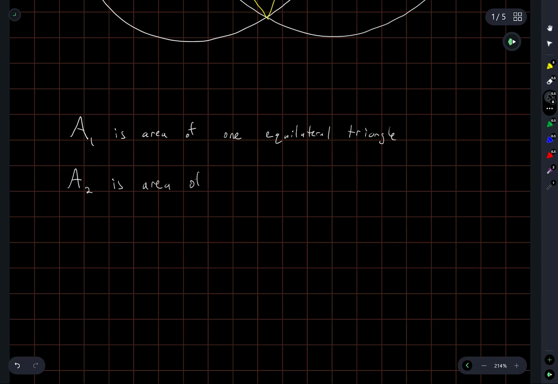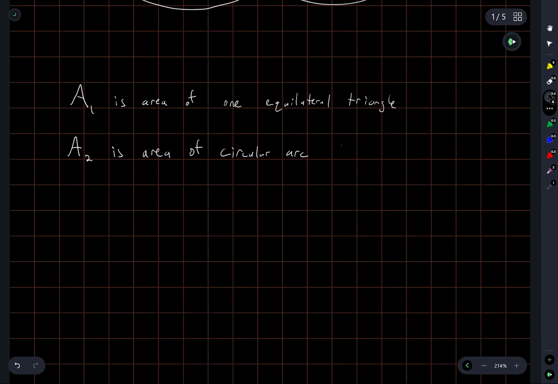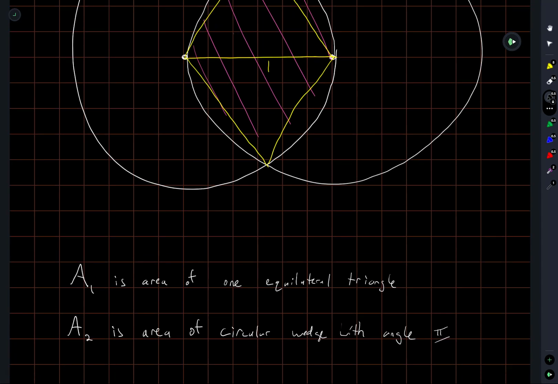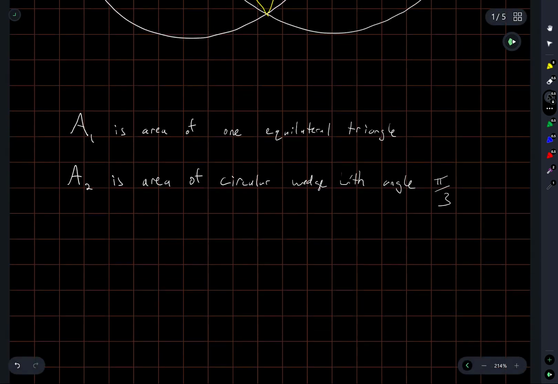A2 is the area of a circular wedge, what is the proper word here, with angle 60 degrees, which is pi over 3.